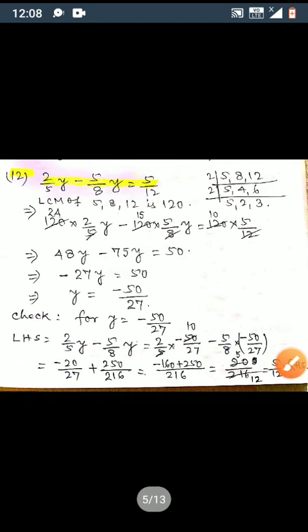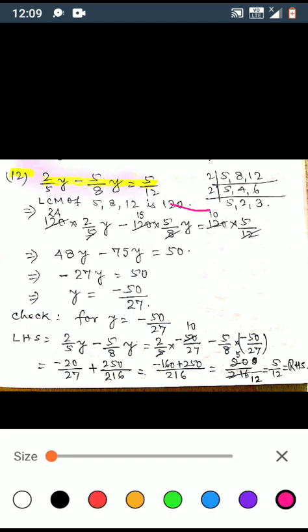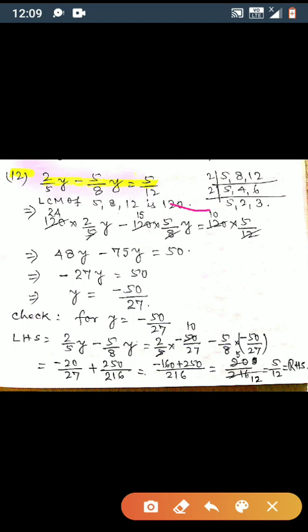Similarly, question number 12. 2 by 5y minus 5 by 8y equal to 5 by 12. LCM of 5, 8 and 12 is 120. Now multiply LHS and RHS by 120. So 120 multiplied by 2 by 5y minus 120 multiplied by 5 by 8y equal to 120 multiplied by 5 by 12. 120 divided by 5, you will get the quotient 24.